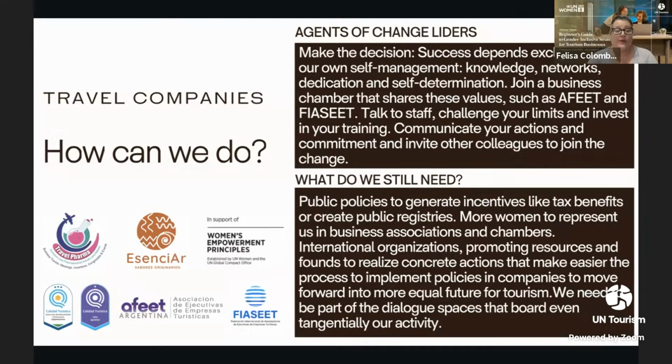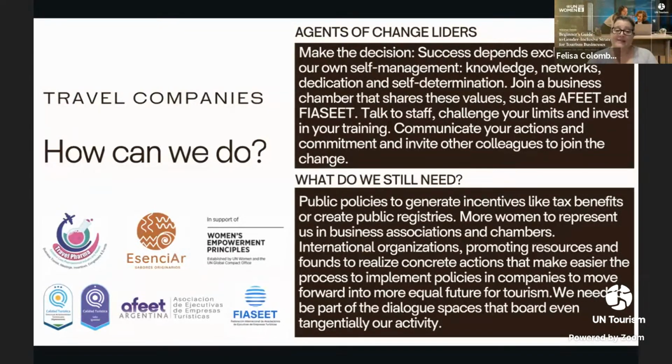Articulated work with business chambers, international organizations, other professionals, and associations is vital to achieve success in the implementation of equity policies. Furthermore, we need to work on creating statistical bases that report on the active participation of women in the world of tourism, the jobs we occupy, leadership positions, and also representation positions.